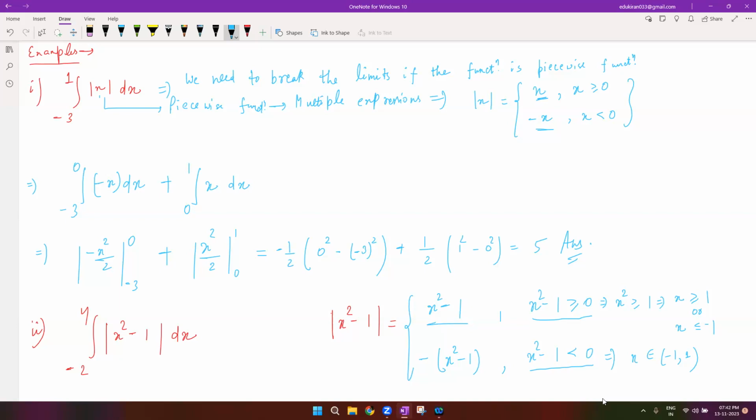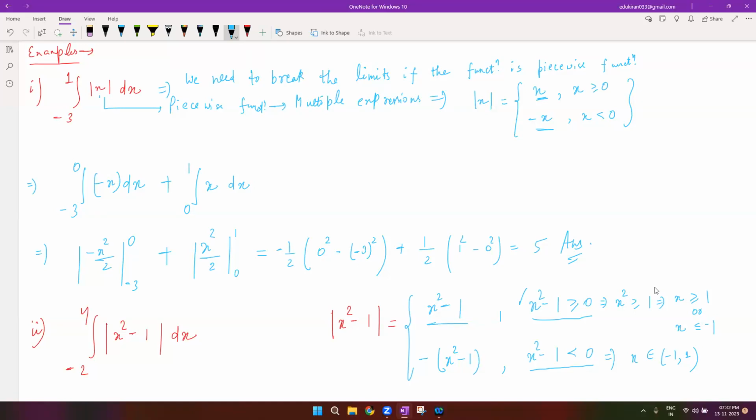So modulus of x square minus 1 can either be x square minus 1 or minus times x square minus 1. When will it be x square minus 1? When x square minus 1 is greater than or equal to 0. And when will it come with a negative sign? When the quantity inside, that is x square minus 1, is negative, that is less than 0.